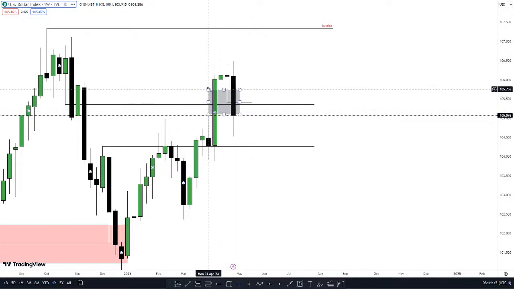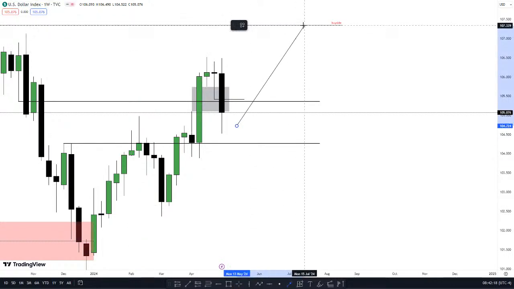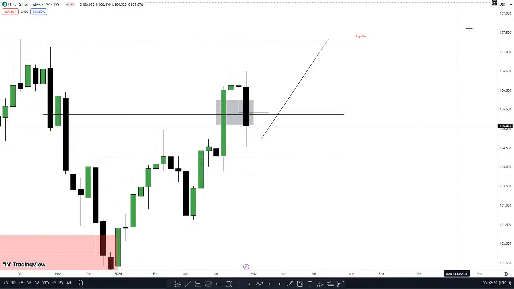We did close below this bullish fair value gap. I really didn't expect a closure below this bullish fair value gap. I wanted it to be respected by this week's candle body, but the fact that we are still in this inversion gives me more view on being bullish to this buy side right here.